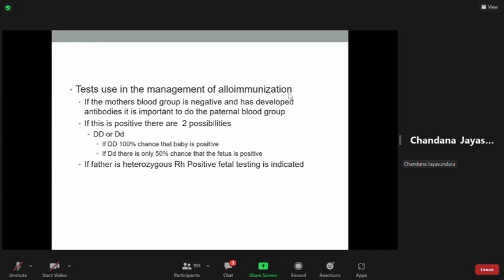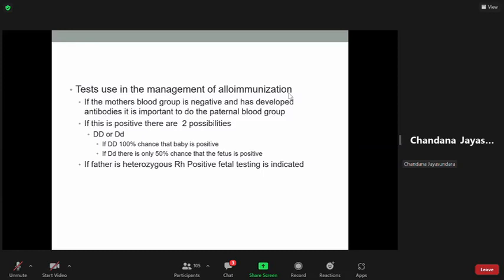But if the father is capital D, small d, then the baby has a 50% chance of being Rh positive. So what we do when the mother is negative is we check whether the father is positive or negative. If the father is positive, then we know we have at least a 50% chance that the baby is positive, right?